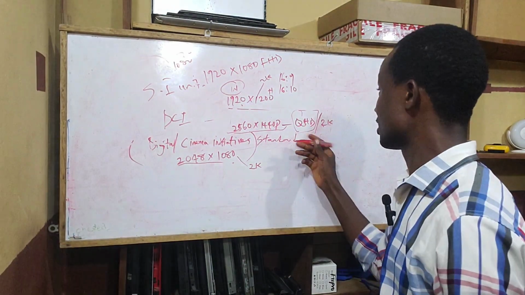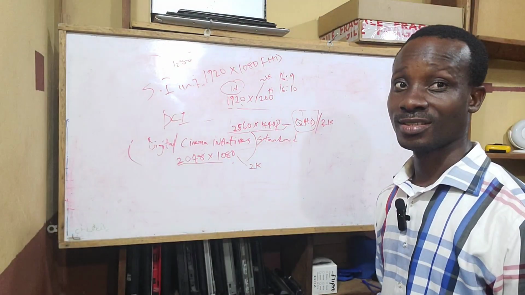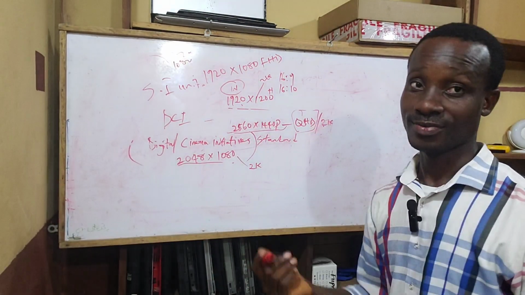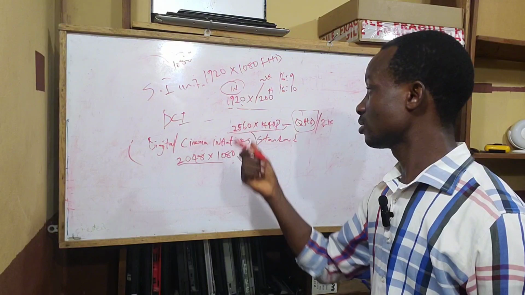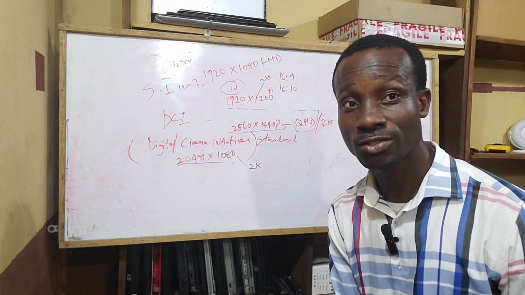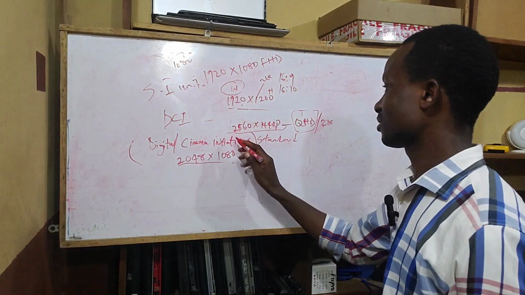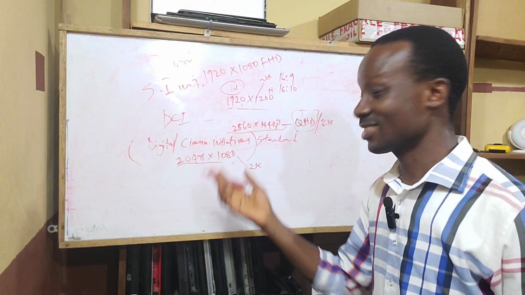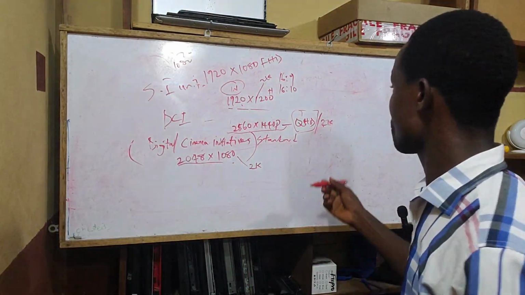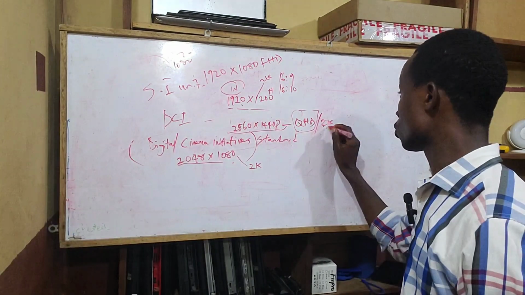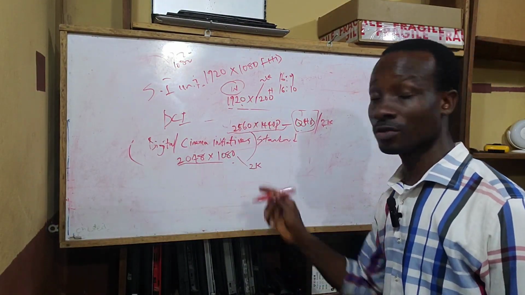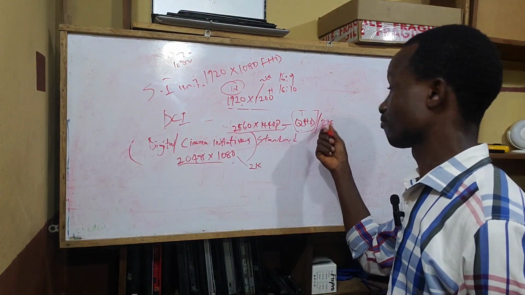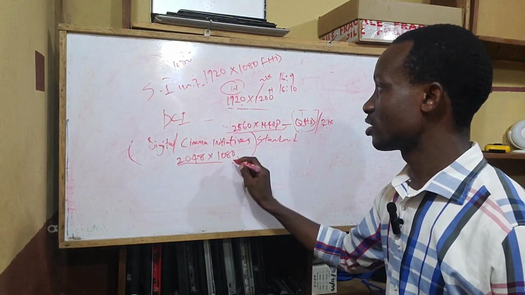But due to marketing, they prefer to call it 2K. In reality, this display is more than 2K. You can choose to call it 2.56K resolution, but it is going to be weird, right? So the right name is QHD, not 2K, because 2560 by 1440p is higher than 2K.